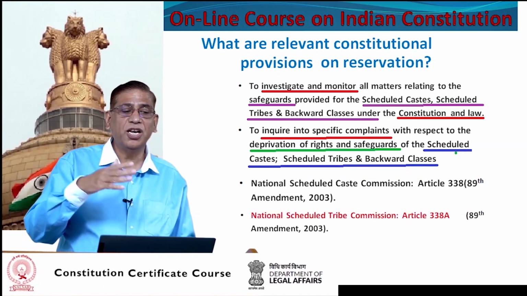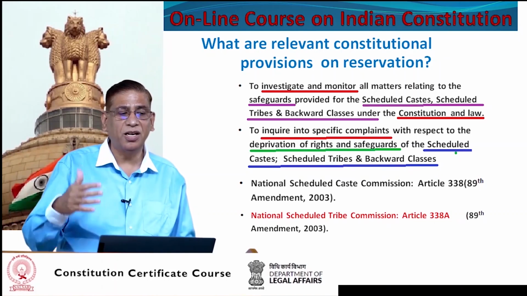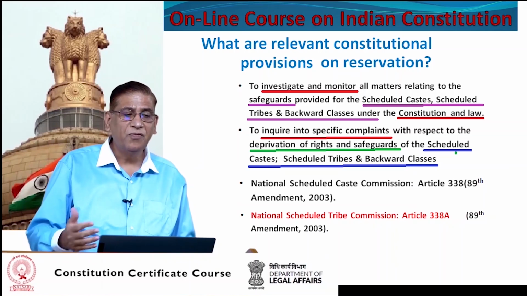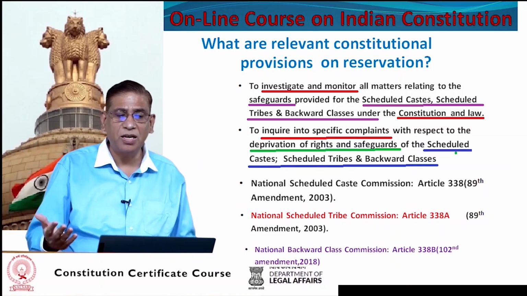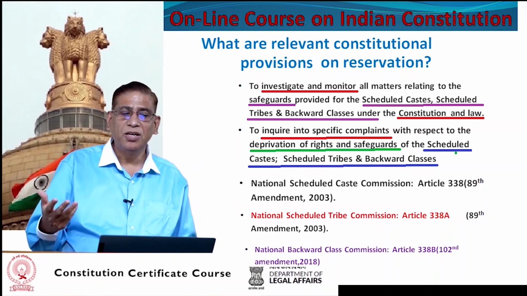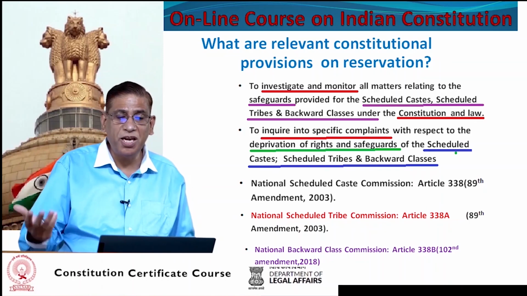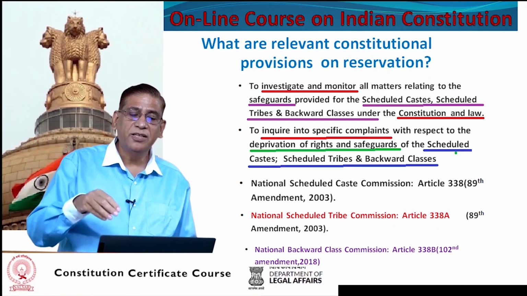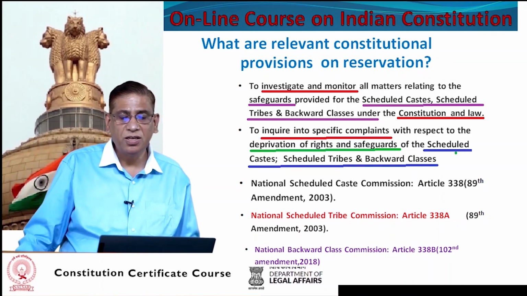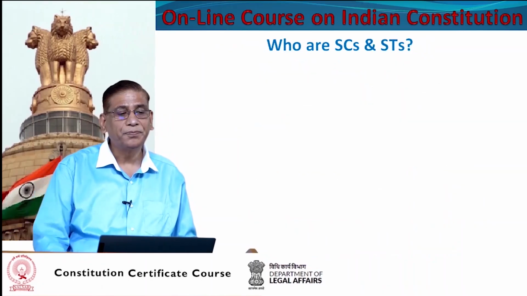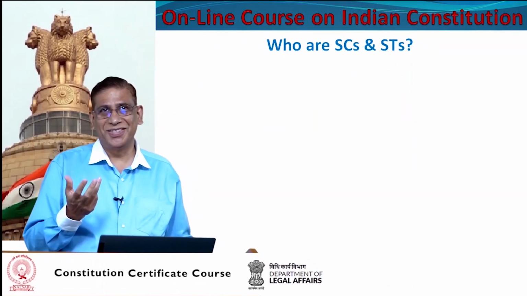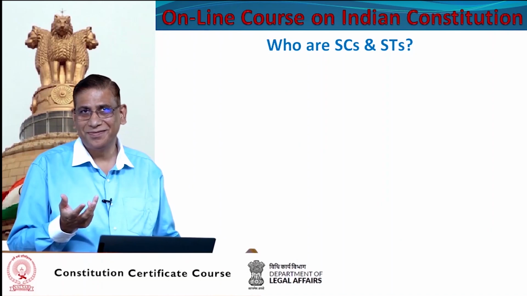We have National Scheduled Tribe Commission, Article 338A. We have a National Backward Class Commission, recently established by Article 338B, when the 102nd Constitutional Amendment was inserted in the Constitution. Who are SCs and who are STs?